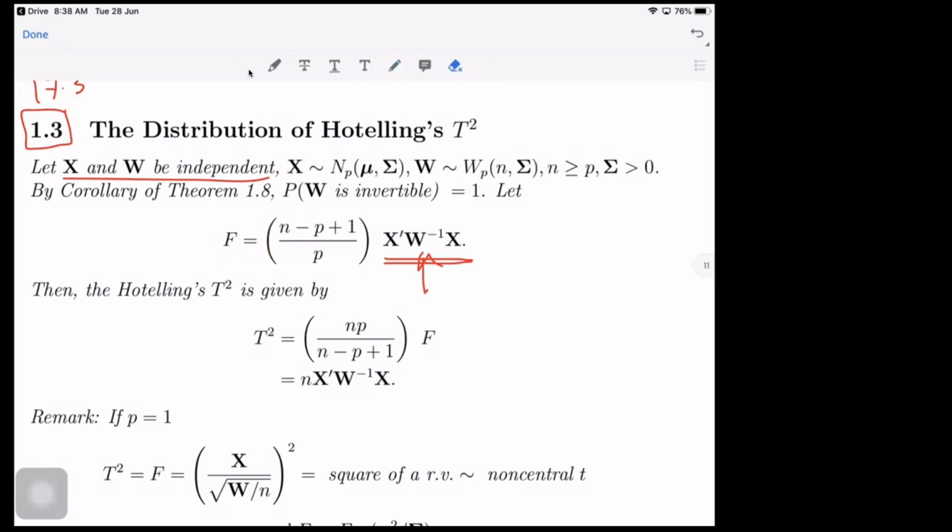So if we define a new f value here, or an f statistic, which is quadratic in x, and pre-multiplied by a Wishart distributed random matrix where the inverse is existing.